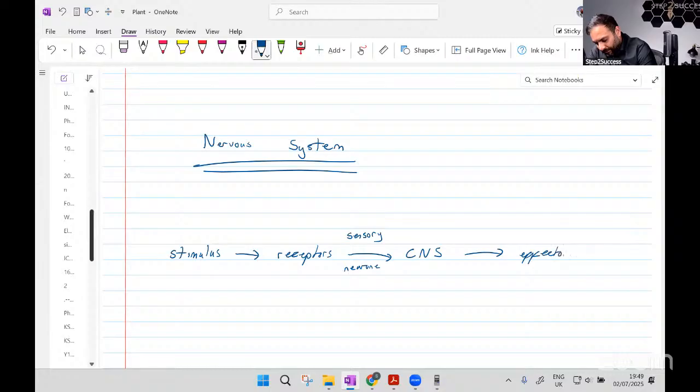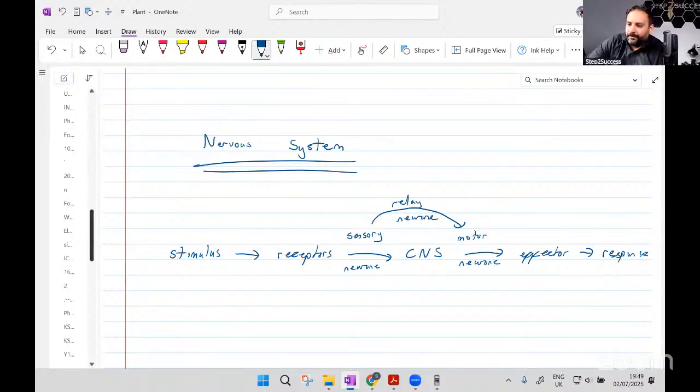An effector is a muscle or a gland that carries out a response to whatever's happened. Like if someone throws something at your face, you need to move your shoulders or neck to move out of the way, and they carry out the response. Now, the impulses go from the central nervous system to the effector down a motor neuron. And then we have a third neuron that connects these two called a relay neuron.